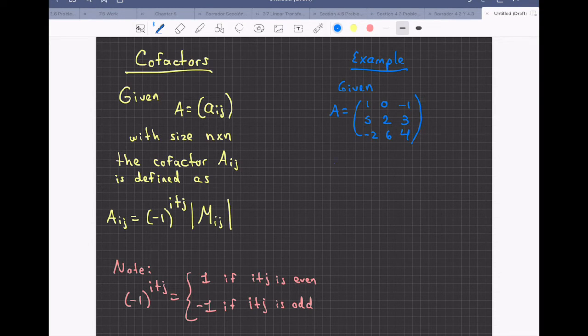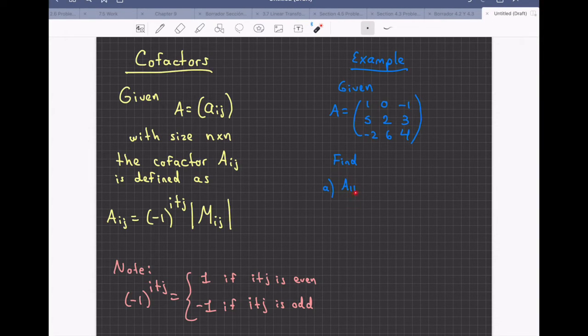Let's find the cofactor A11. The subscripts reference the row with the first number and the column with the second one.